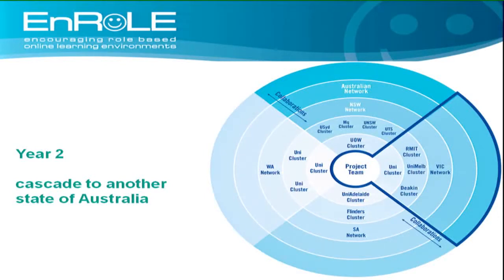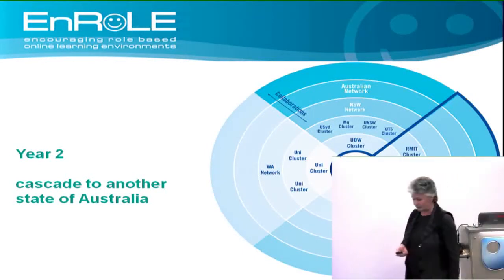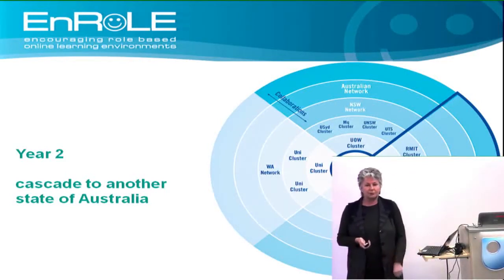The aim was then to keep going and build a third cluster and network in South Australia, again more than 1,000 kilometres away in Adelaide, and eventually move to Western Australia and build an Australian network. As it worked out, we did actually get 3 very strong states working as part of the community of practice over less than 3 years, 2.5 years.